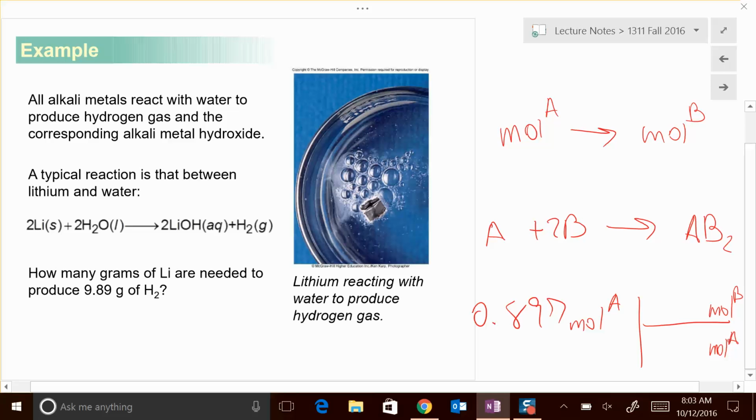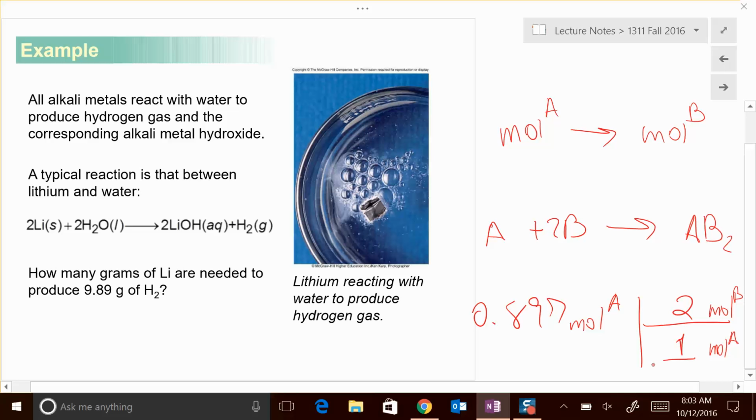Here there's 1 mole of A for every 2 moles of B, 2 moles of B for every 1 mole of A. And that would be the conversion. That's stoichiometry: simply the process of converting one compound to another compound using a balanced chemical equation.